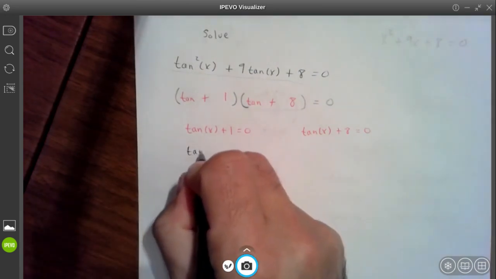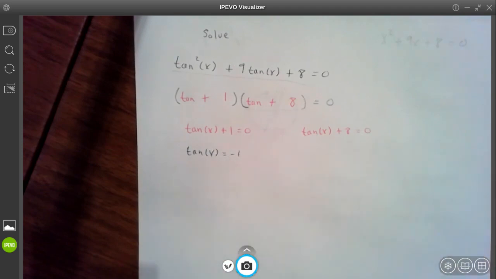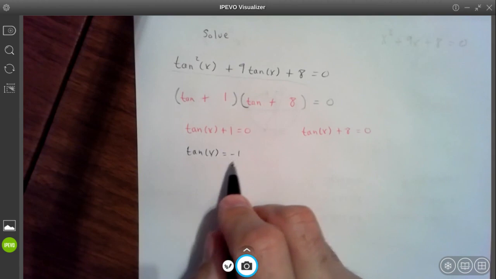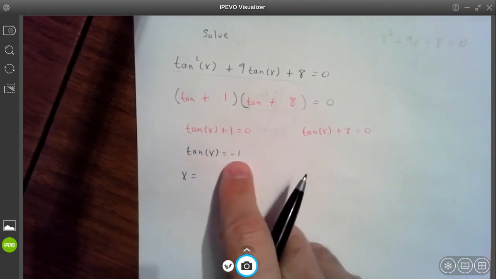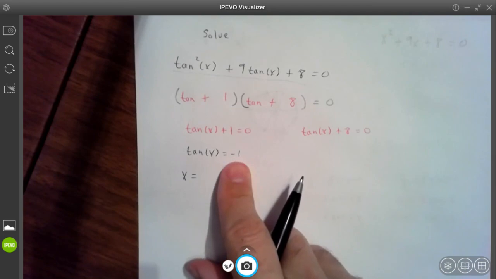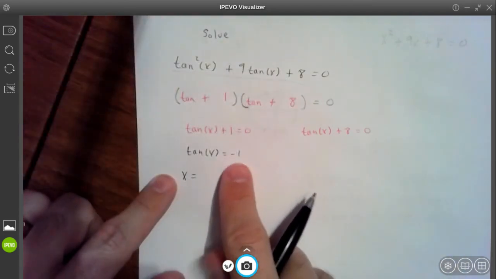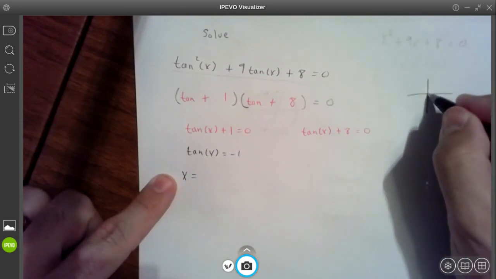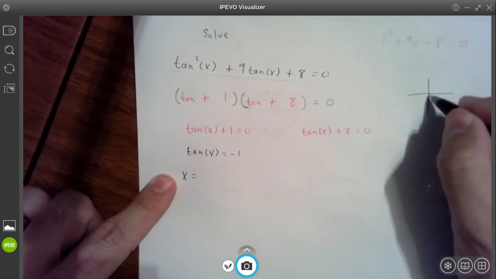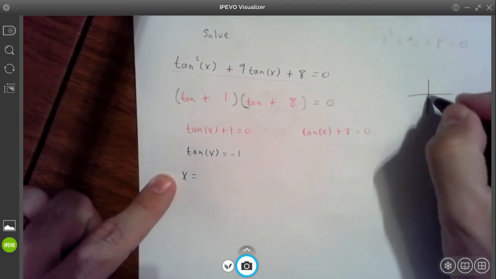Move the 1 over. So we're looking at tangent of x equals -1. This one has a couple of solutions. We want the places where tangent is equal to -1. So we don't have to use our inverse tan button here to solve this. This is a special angle on our unit circle. That's going to happen in the second and fourth quadrant at 315. That's one of them.